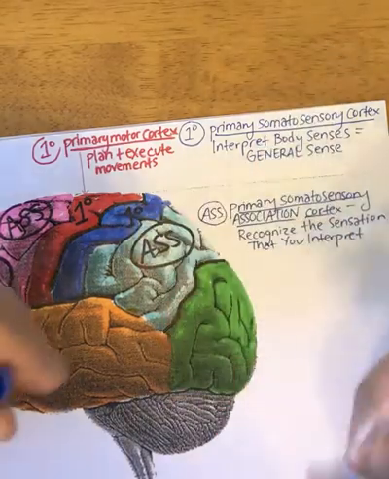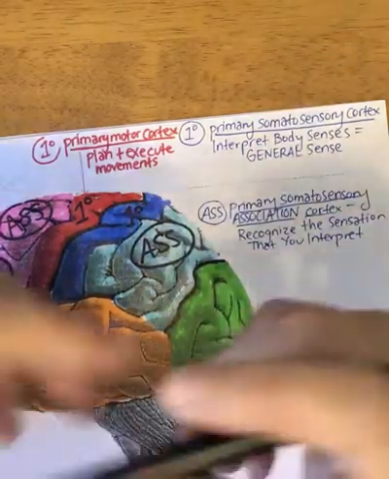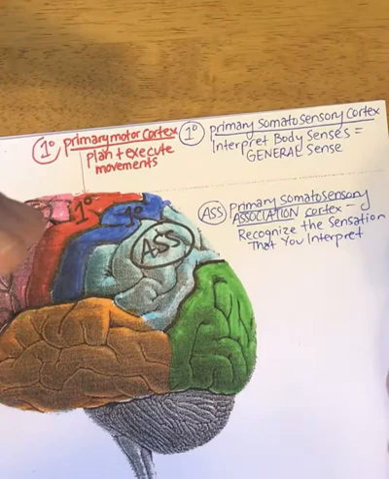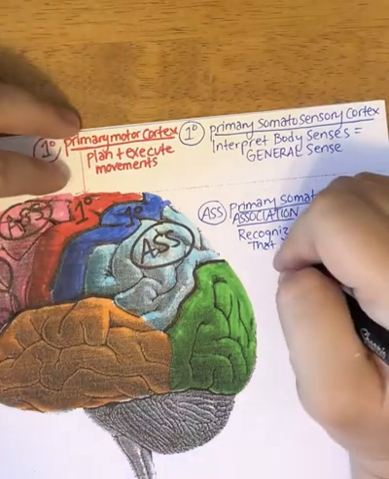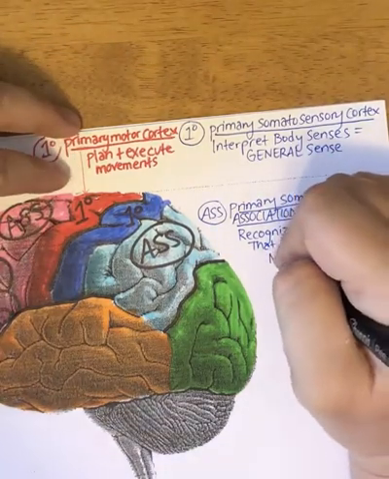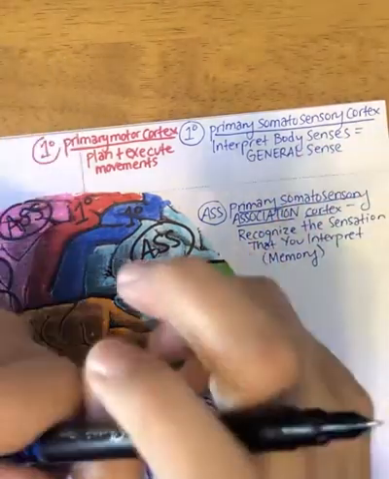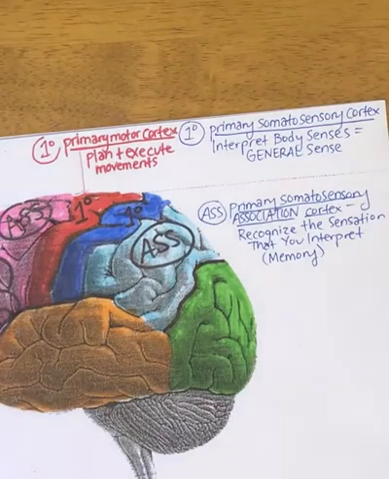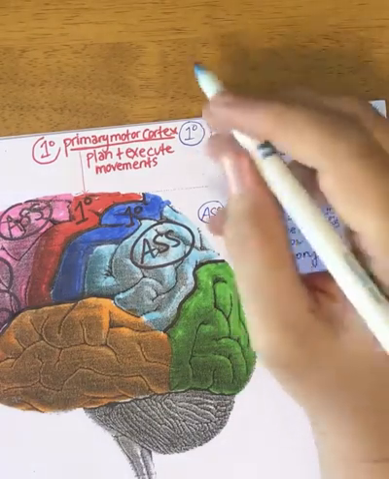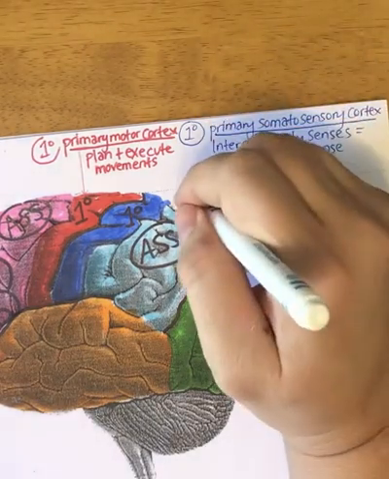Now, how did you know it was an ice cube? What other sense would you detect? You would say, it's wet. So, again, association is by memory. So your parietal lobe is always going to be somatosensory.